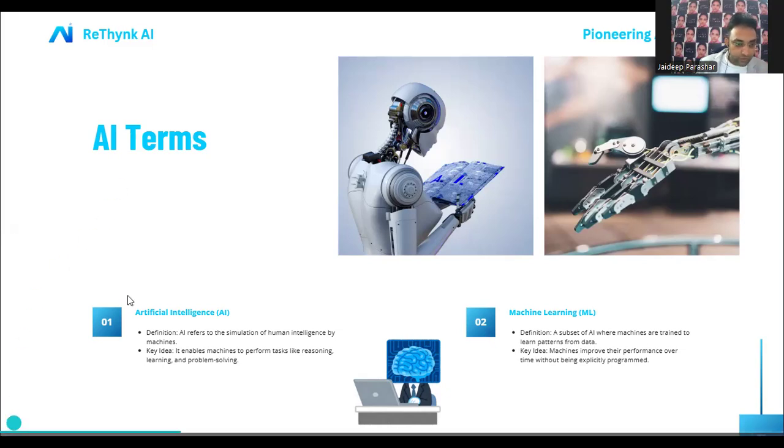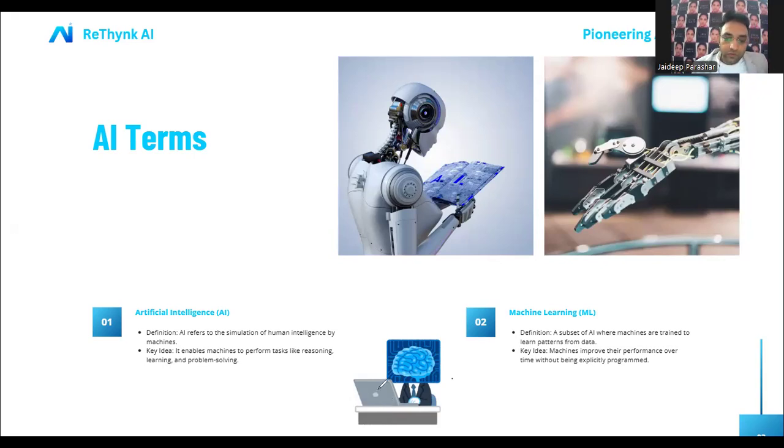So here let me show you something. Let's say this is a man working on a computer. This computer represents almost human-level capabilities, then we call it artificial intelligence.